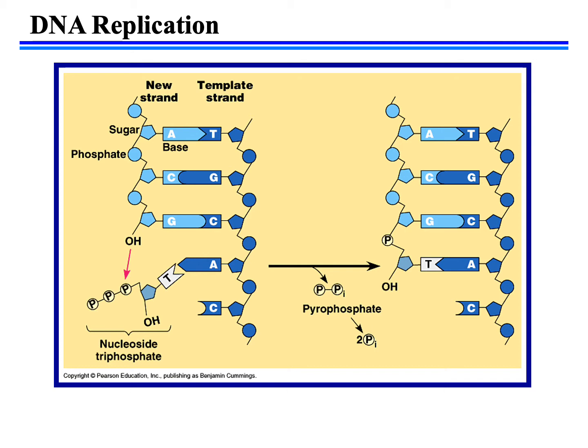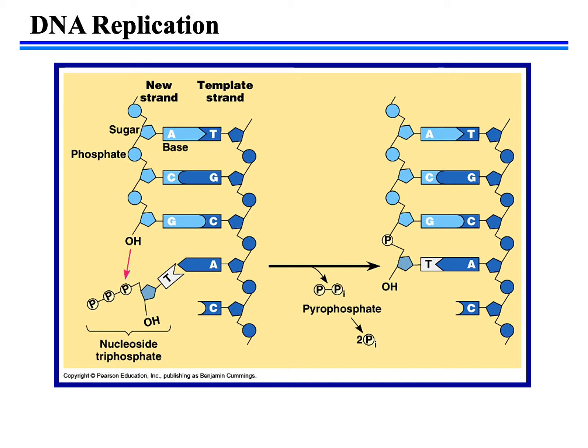This is the building block required to synthesize DNA. It is, in generic terms, a nucleotide, but more specifically, a nucleoside triphosphate. Again, sugar, base, and 3 phosphate groups is required as the building block.